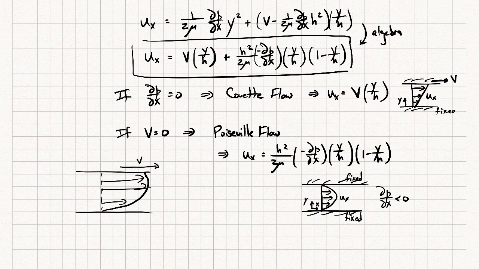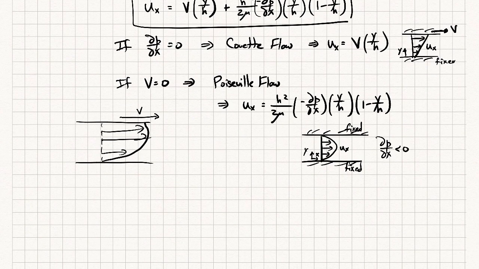You can see sort of a parabolic shape, and then of course it's stuck to the top plate like that. Or if the plate's moving in the opposite direction, let's say the plate is moving backwards, and this one is fixed, and let's say the dp/dx is like that.